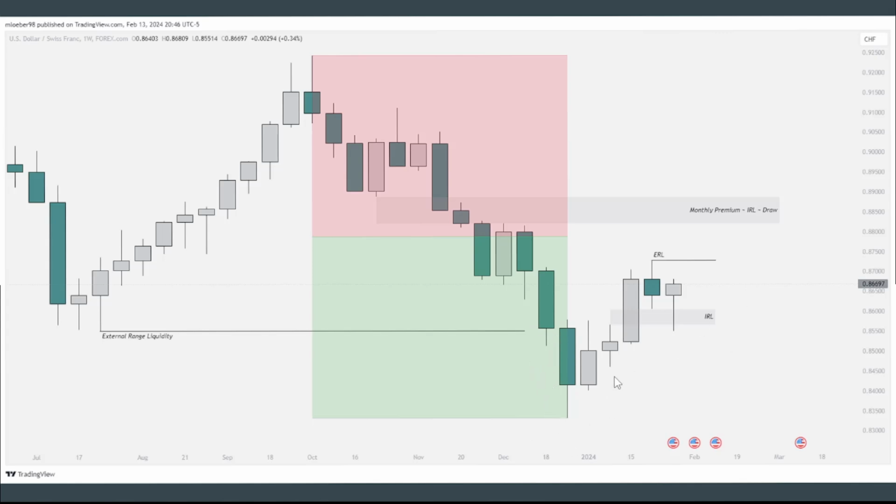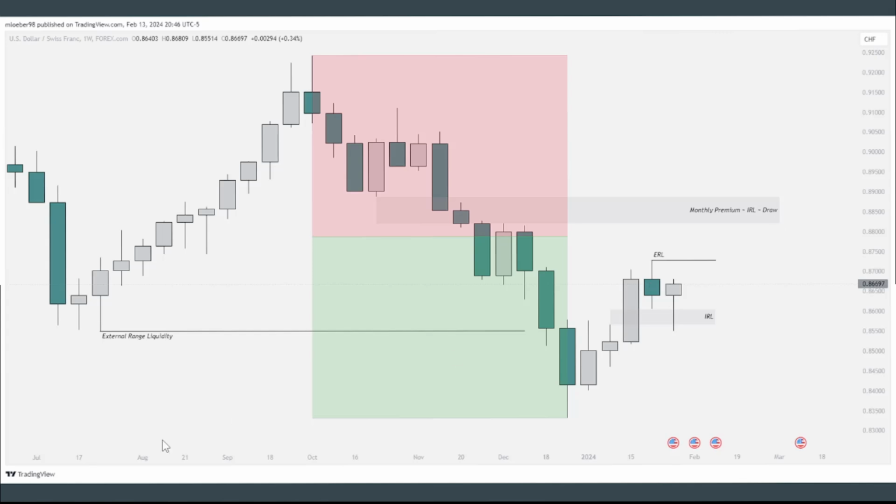Then price created a weekly bullish fair value gap that got traded into. So this is our weekly internal range liquidity pool. And once price reacts off that weekly internal range, you expect price to draw into the weekly external range, any swing high, and then eventually our monthly premium internal range liquidity pool.